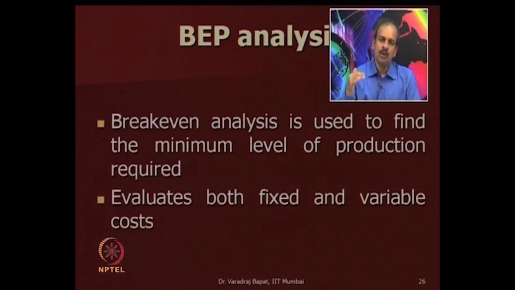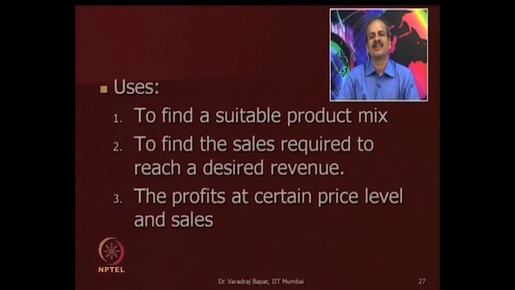So they must know the minimum level which has to be achieved to come out of losses. Below that level you are in loss. Once you reach a level which is no profit, no loss, it's known as the break-even point. Above that, you will start making profits.